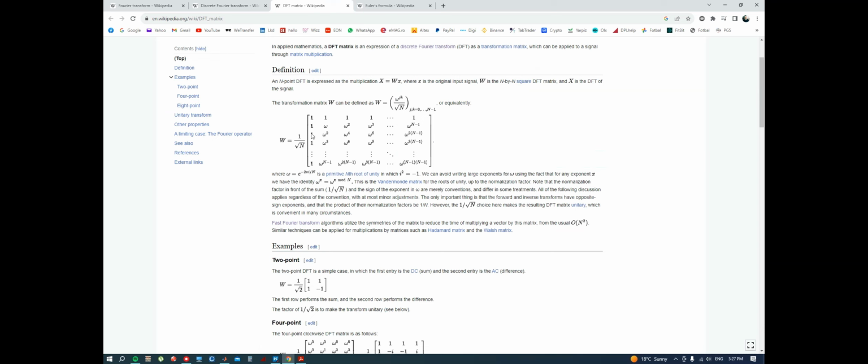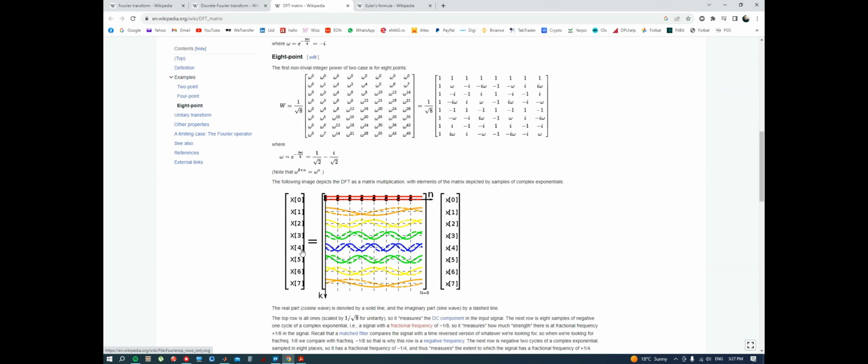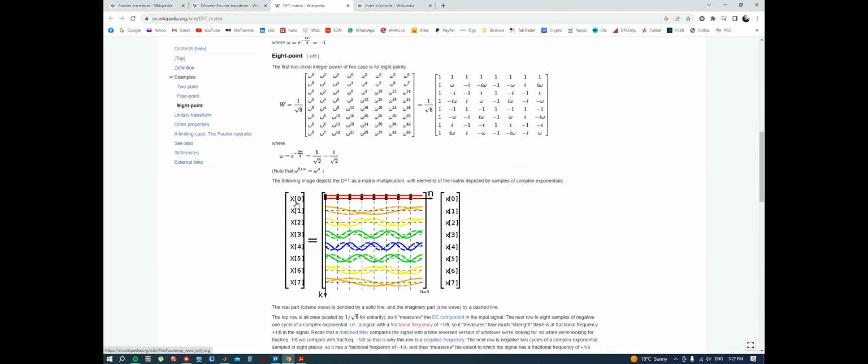So the first step is computing this matrix for a certain signal size, and the second step is just multiplying the DFT matrix with the signal, resulting in the frequency component vector.